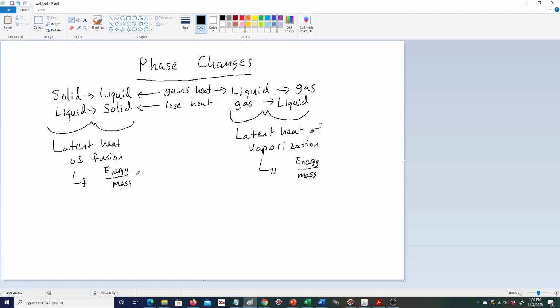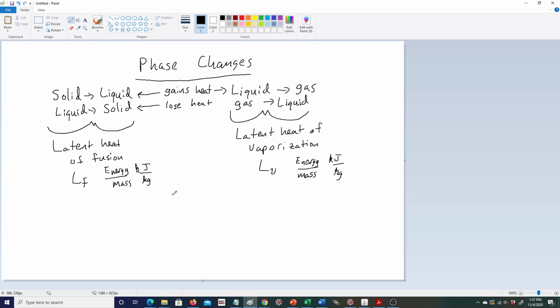In the SI system, this is of course going to be joules per kilogram. Sometimes it's reported in kilojoules because these values tend to be fairly high for a given substance relative to their specific heats. Now, you might be wondering, why don't I have a delta T in here?